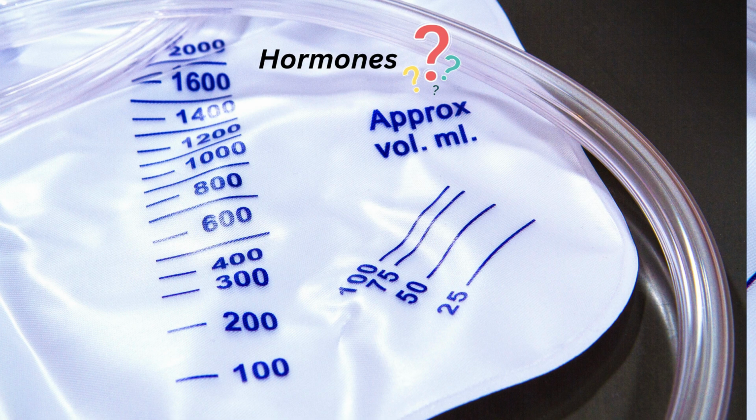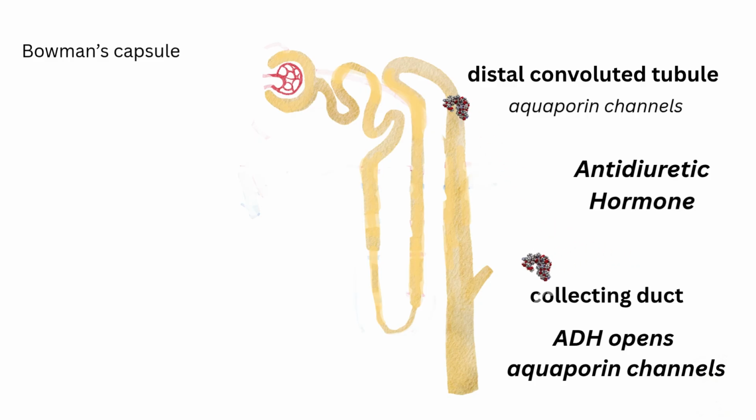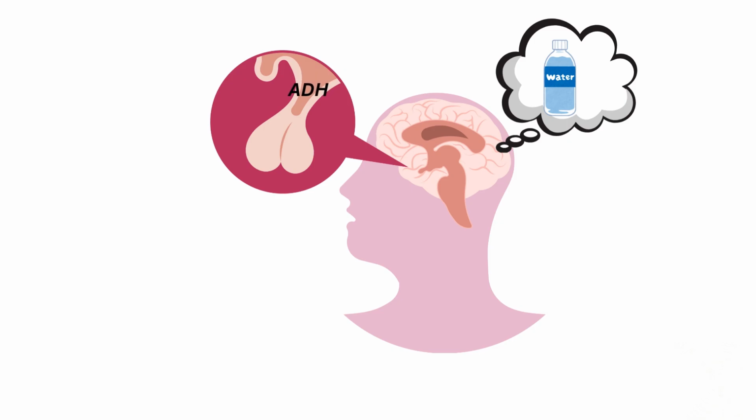What hormones can affect this total urine volume? Antidiuretic hormone opens aquaporin channels at the distal convoluted tubule and collecting duct, and I'll explain in detail soon. Antidiuretic hormone, also known as ADH and arginine vasopressin, is a hormone synthesized by the hypothalamus and secreted by the posterior pituitary gland.